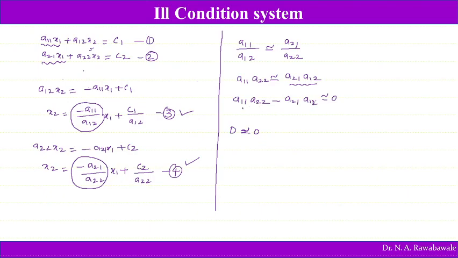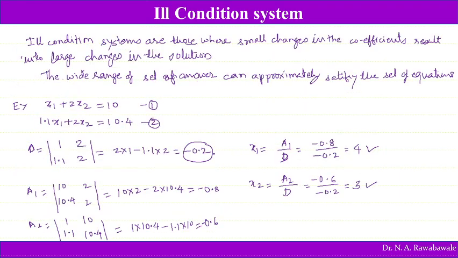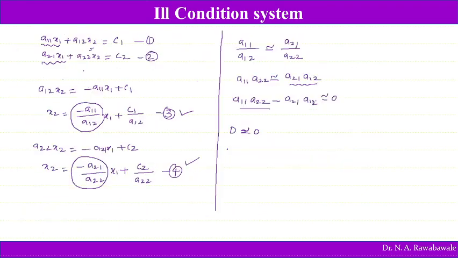When we write the equations and take the coefficients of the unknowns, we form this determinant, and if this determinant value is equal to 0, that is the indication that the set of equations are called ill conditioned systems. So this is what we have understood about what an ill condition system is.